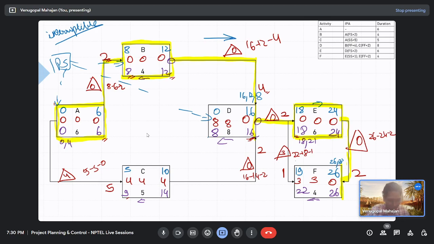I couldn't hear you clearly. Sir, can you come closer to the mic? Okay, so right now, when we were solving this, we assumed that the activities were interruptible, that the activities could be split. Now, what if the activities cannot be split? In that case, what do you think? The duration will increase, decrease, or remain the same? Total duration.